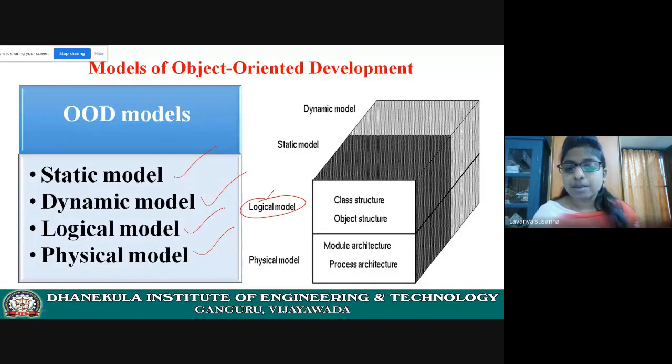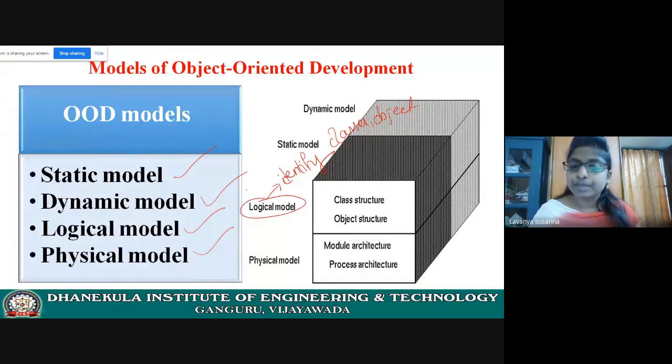This logical model will identify all the classes and all the objects that form the complex system. It just identifies those things.